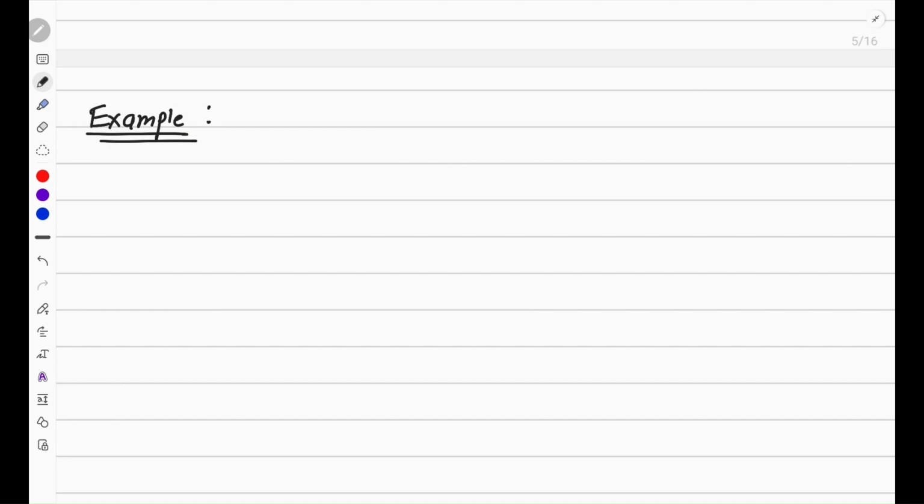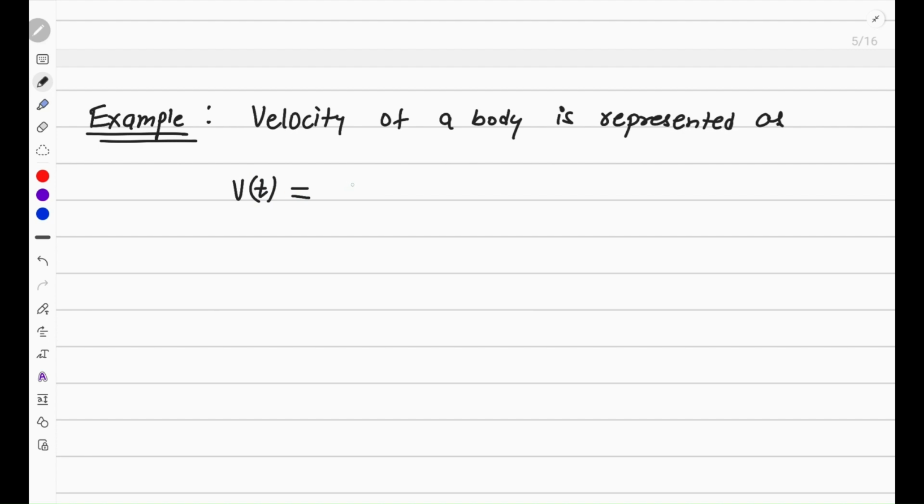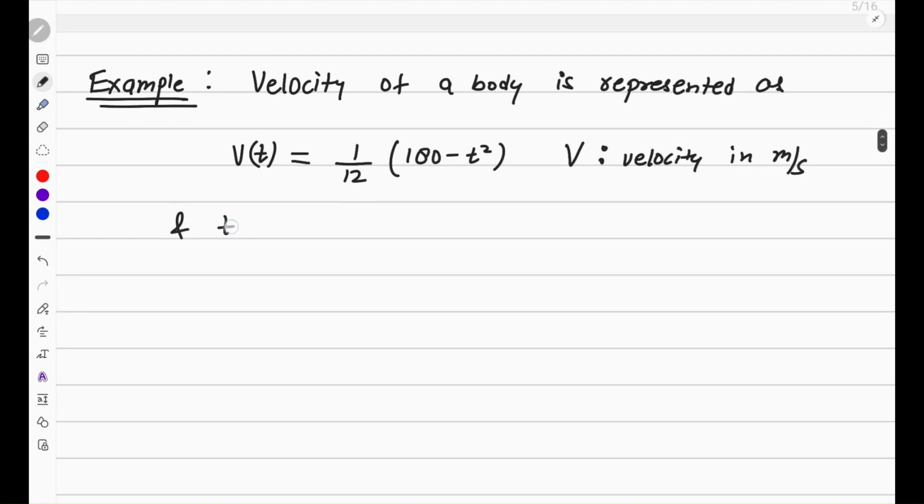Here we are given the function: the velocity of a body is represented as, so the velocity is a function of time and it is represented as 1 over 12 into (180 minus t square), where v is velocity in meters per second, and t is time in seconds.